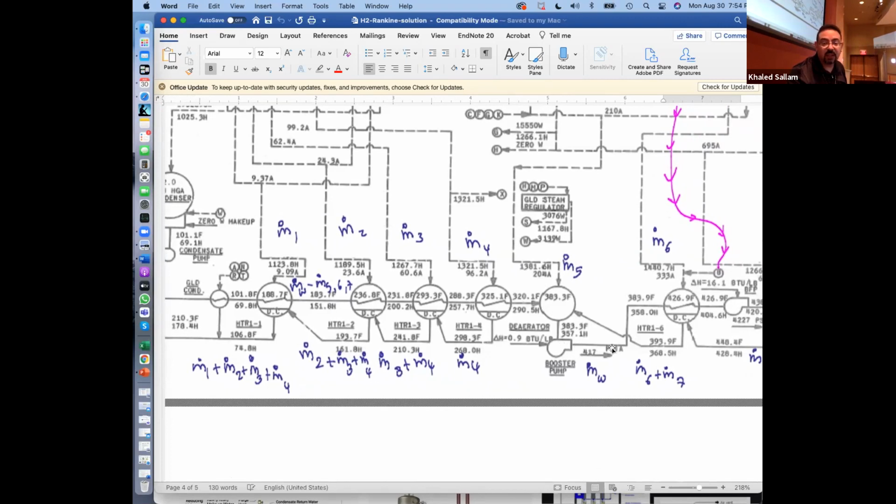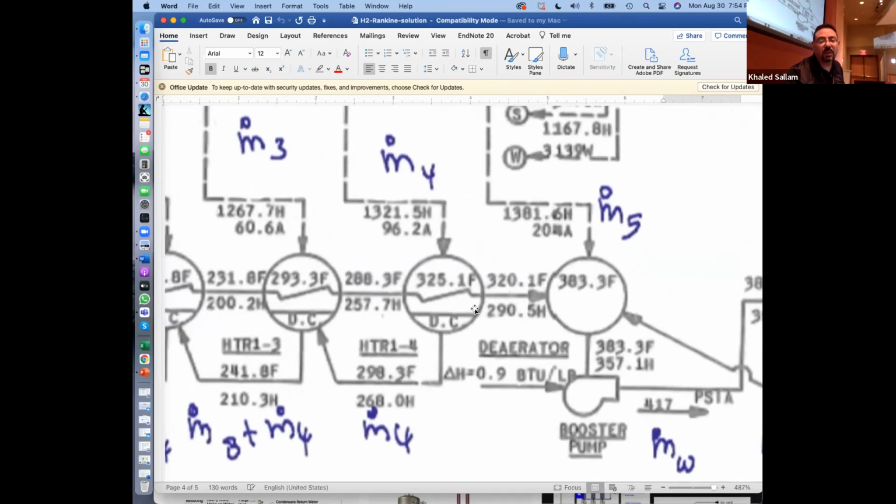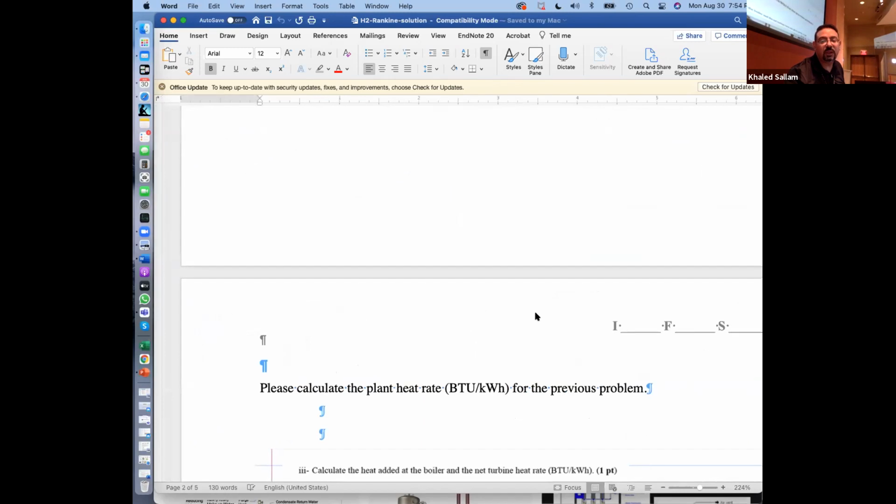They know what's leaving is m dot water. They know that what's coming in is 6 and 7, which they solved for. M dot 5 is what we are trying to find. This problem is like, calculate m dot 5 for me. So they got stuck at this m dot. They didn't know how much is coming into the feed water heater.